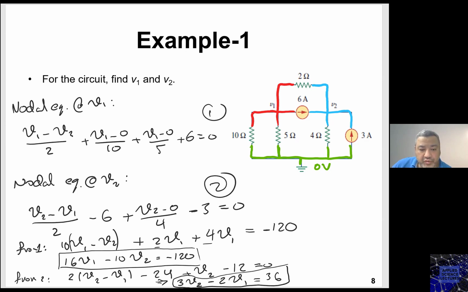Okay, I'm reading your questions here. Apparently you've written some questions. Sure. Is it okay if we use a different convention for nodal analysis?